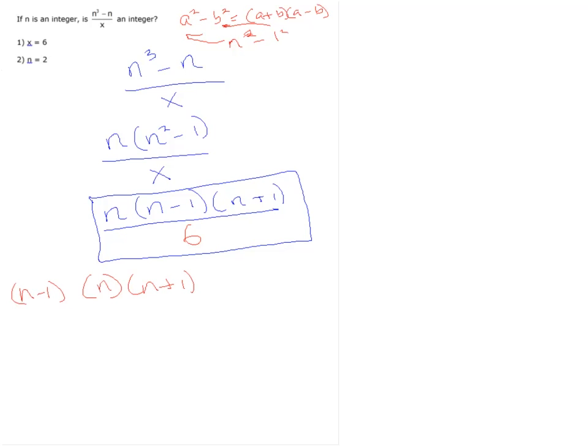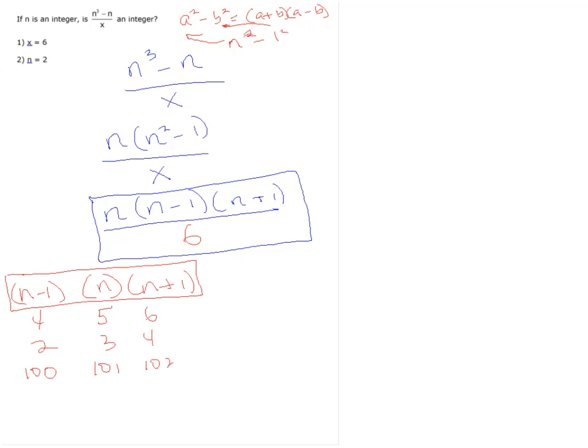We don't know which integers, but for example, this could be 4, 5, 6, this could be 2, 3, 4, this could be 100, 101, 102. It doesn't matter what they are, but you have to recognize that n minus 1 times n times n plus 1 represents the product of 3 consecutive integers.